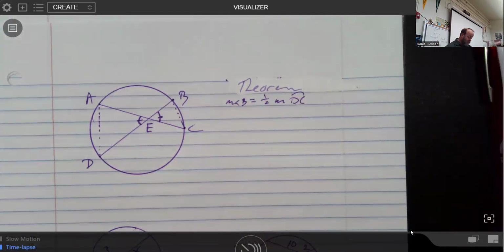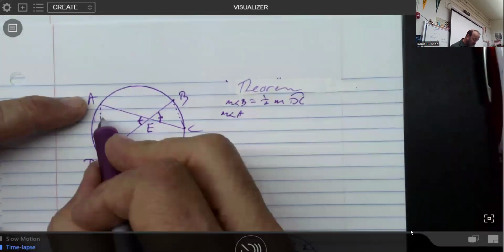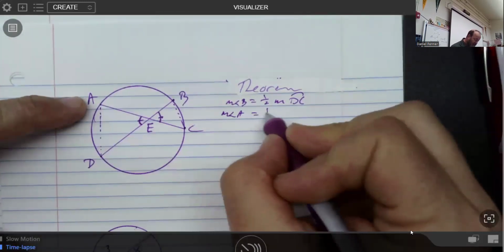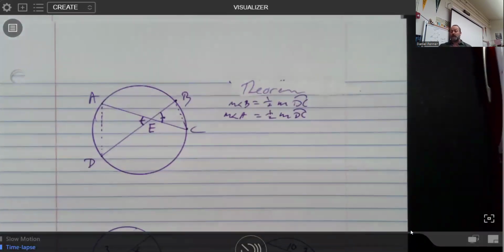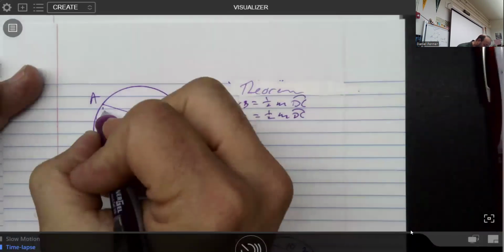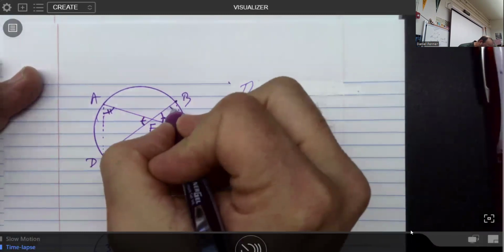But you'll also notice that angle A intercepts that exact same arc. If they are both half of that same arc, then they have to be the same as each other, because I could just substitute. Again, I don't want to be super formal about this, but clearly A and B are half of the same value, so they have to be the same as each other. So I can come in here and say these two angles are the same as each other.